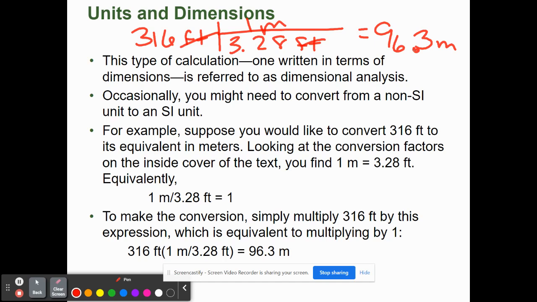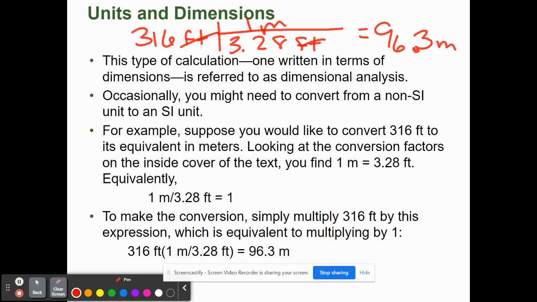We do not really count conversions when we're doing these. Well, actually, I take that back. That's incorrect. If it's a conversion between meters and feet, between SI units and non-SI units, we do need to count significant figures in that measurement because that's an estimate. There are not exactly 3.28 feet in a meter. It's just an estimate. So how many significant figures would be in 3.28? 3.